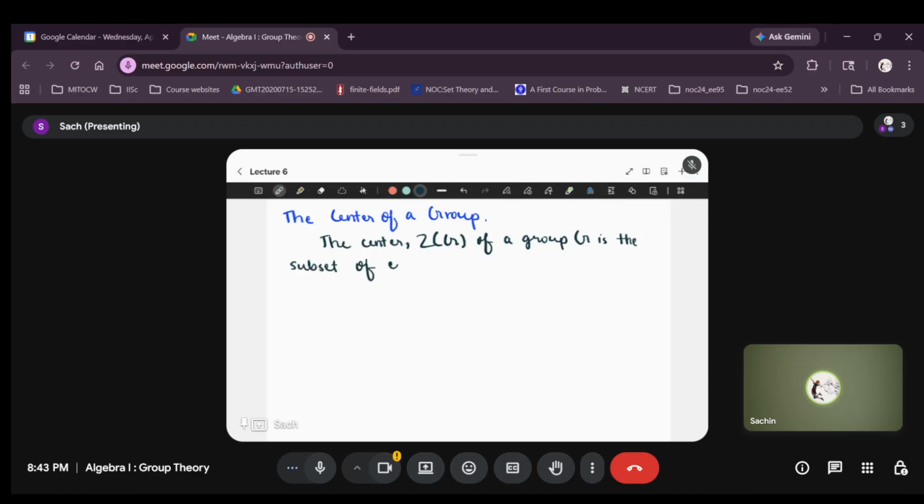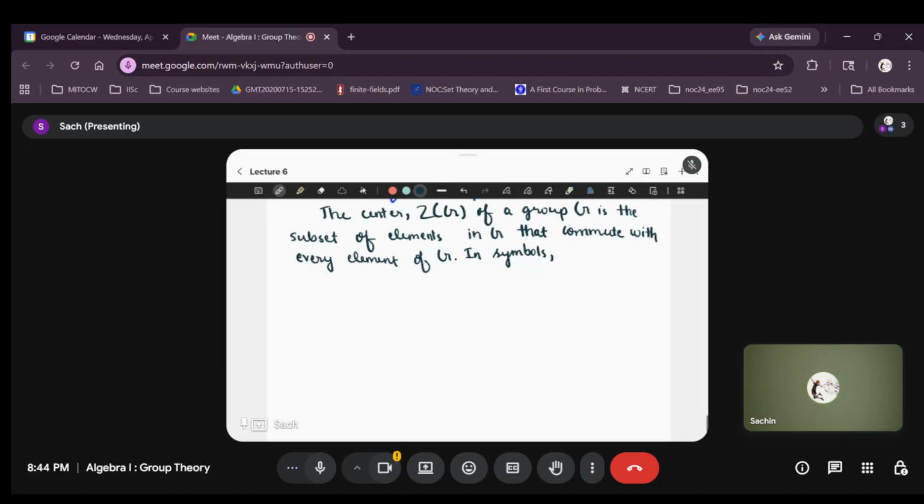It is the subset of elements in G that commute with every element of G. In symbols, Z(G) is the set of A in G such that AX equals XA for all X in G.